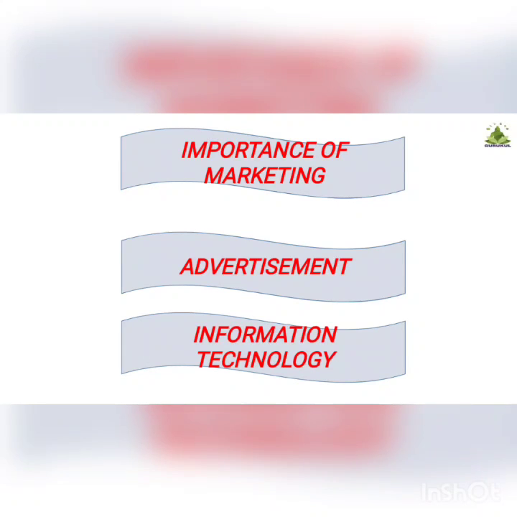Information technology, definitely nowadays you all are seeing, is one of the biggest things, that we get information about that particular product and it can be useful. Then we can also see many different apps which give information accordingly. Now in marketing, these are the main concepts we can say. Still many more are there further. Let's see about this first.